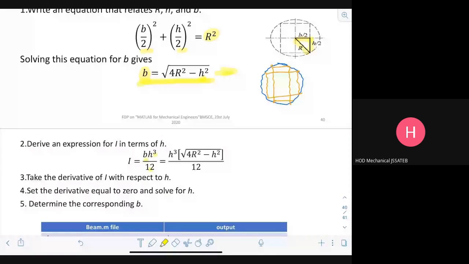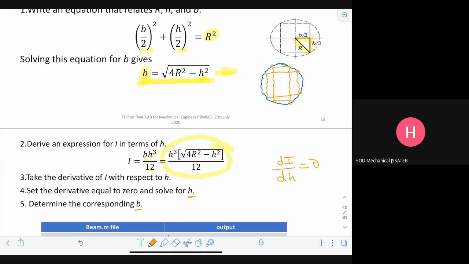So if I want to have a maximum value of I, then I need to say dI by dh, the differentiation of moment of inertia with respect to h, should be equated to 0. Either it will be maxima or minima. So you get the maxima condition, and that will give you the value of h that you should take to keep I maximum. And based on that value of h, you can get b.